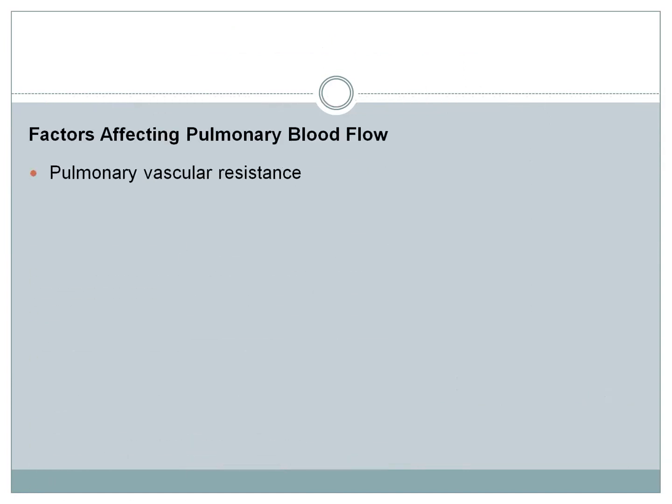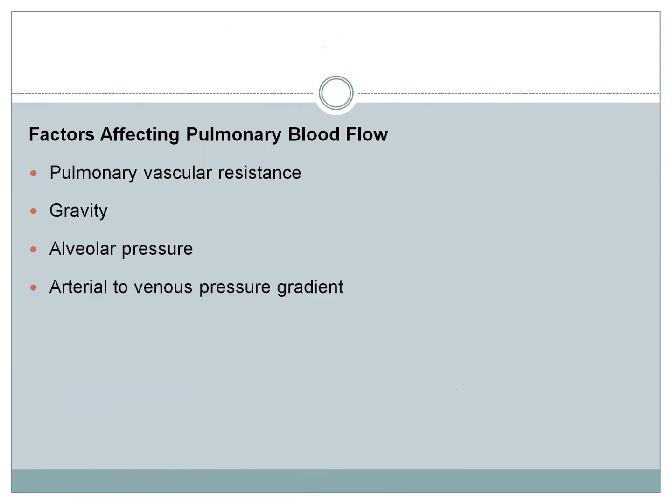Now, what are the factors which affect the pulmonary blood flow? The first one is pulmonary vascular resistance. The second is gravity. The third is alveolar pressure. And the fourth is arterial to venous pressure gradient. So, these are the four important points which can change the pulmonary blood flow.